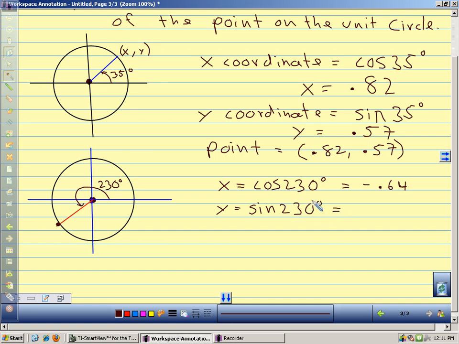Plug that into our calculator, and we get negative 0.766. So our point is negative 0.64 for the x and negative 0.766 for the y. And both of them are negative, which makes sense down here in the third quadrant.